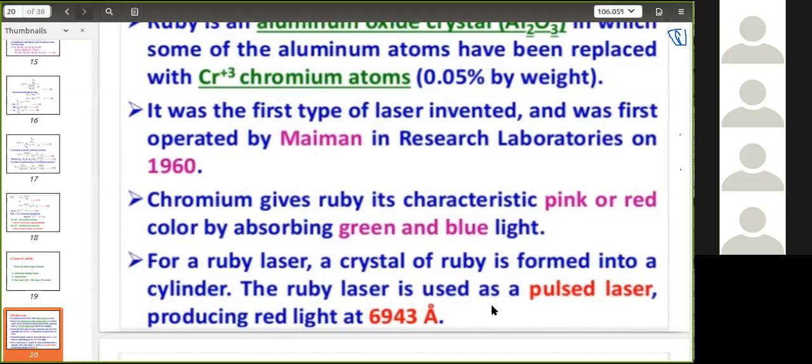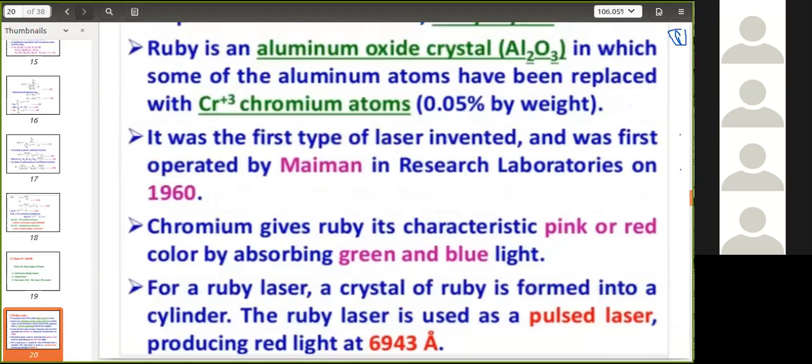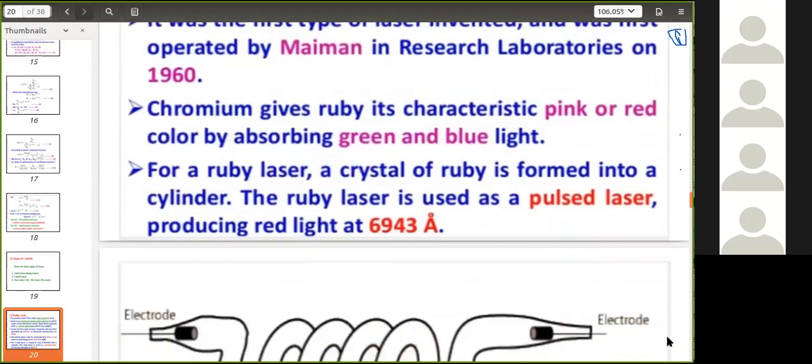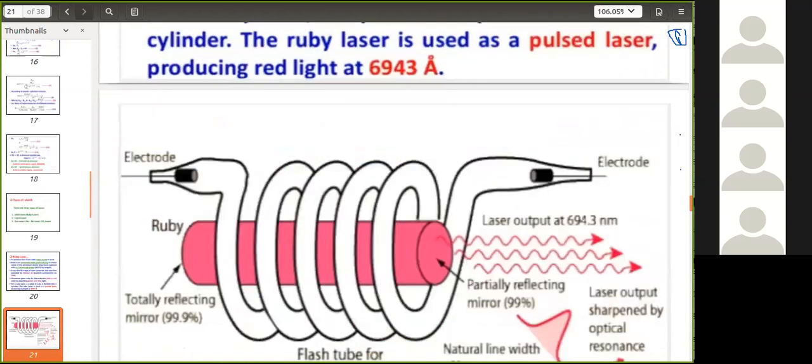So ruby laser is a pulsed laser producing a red light at 694.3 nanometer or 6943 angstrom. Now we will see how the ruby laser works.